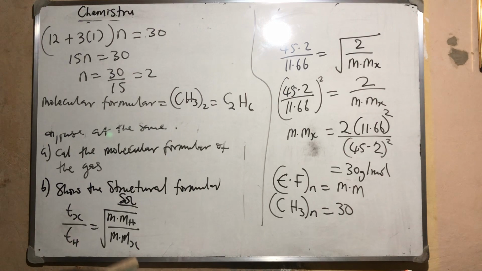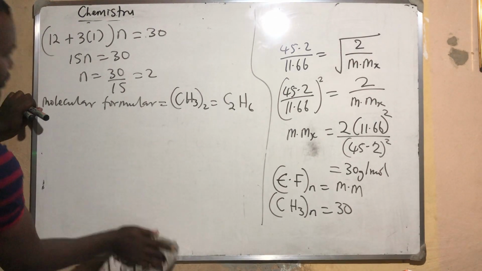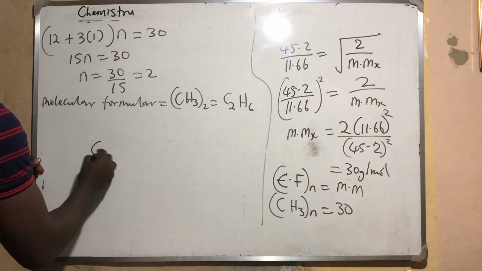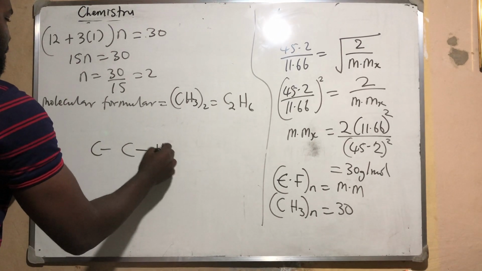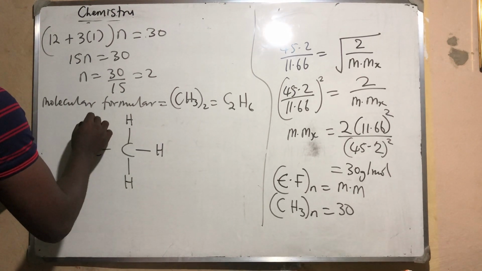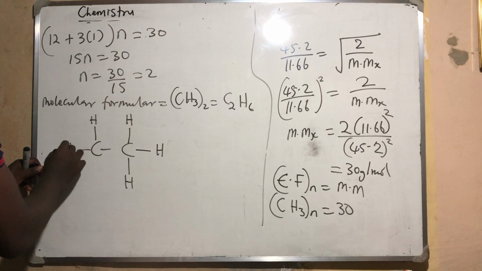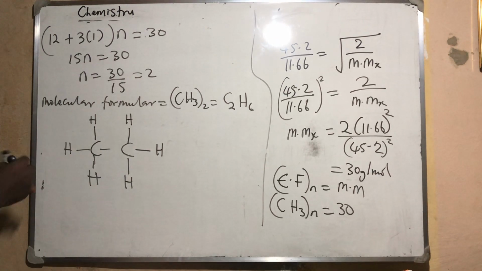So the structural formula is 2 carbon and 6 hydrogen, which is 1, 2, 3, 4, 5, 6. So this is the structural formula.